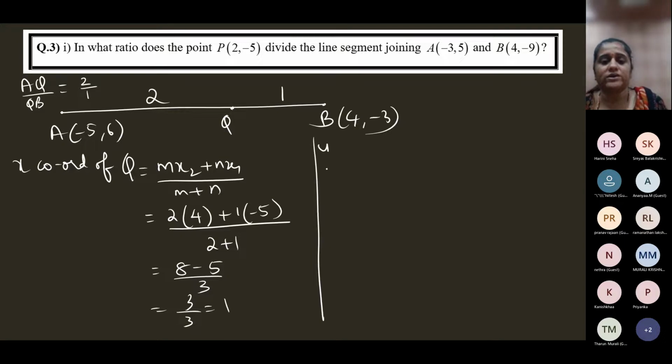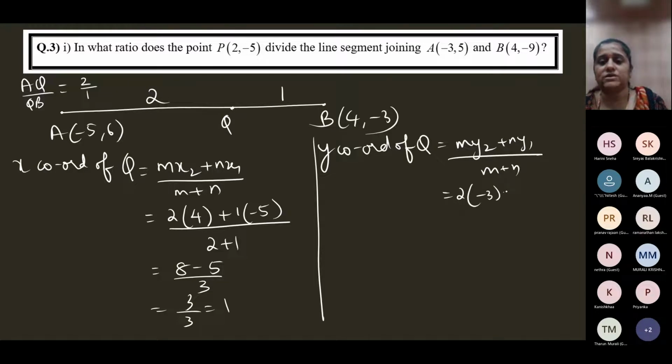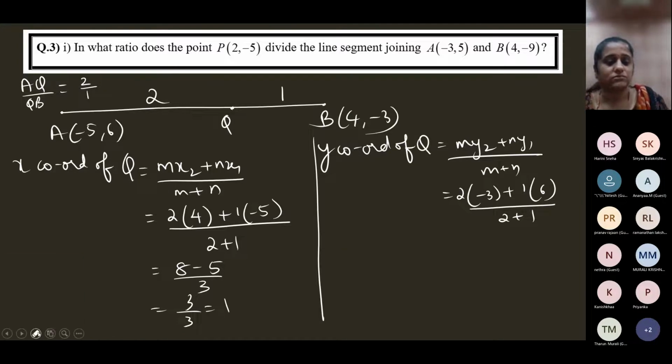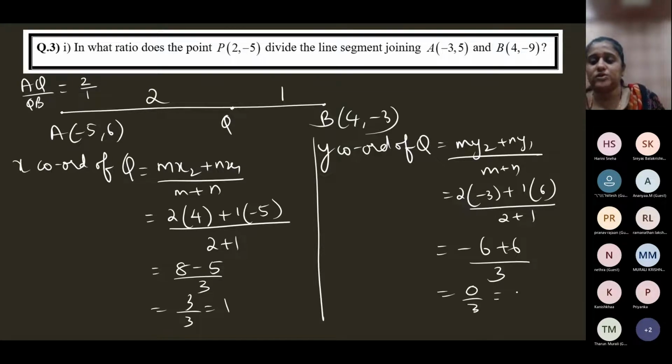And the y-coordinate of Q is equal to my2 plus ny1 by m plus n. 2 into -3 plus 1 into 6 divided by 2 plus 1, which is -6 plus 6 by 3, 0 by 3, which is 0.